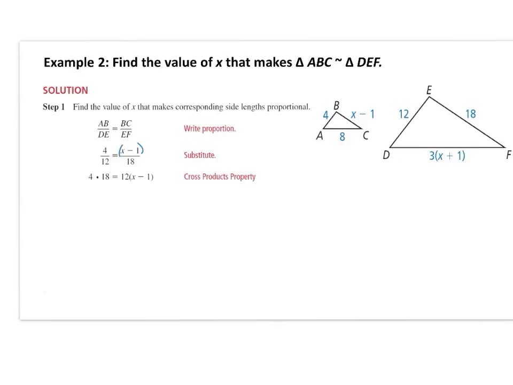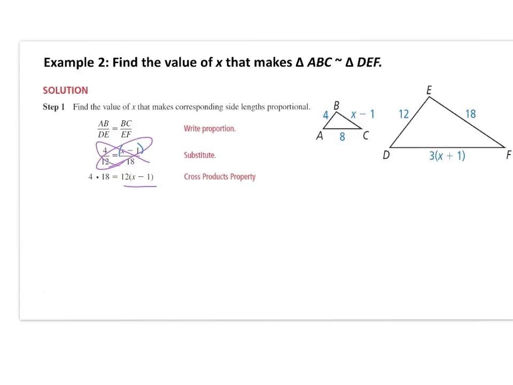In order to cross multiply correctly, you want to make sure any expressions in the proportion are in parentheses so that you can catch yourself when you do the cross product, as indicated here in our next step. So we have 12 and then parentheses x minus 1.